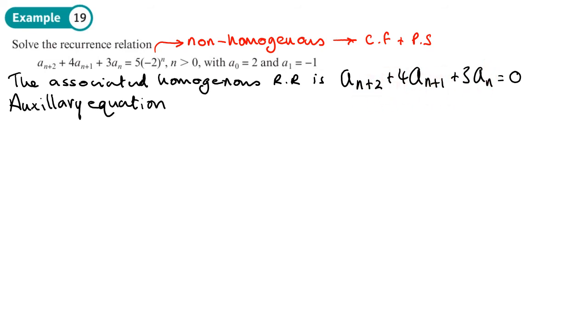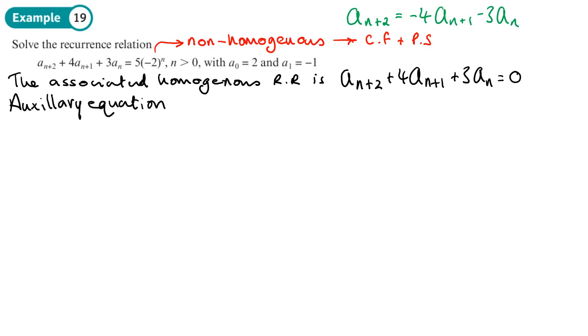Now at the moment it's not in the right form. This really needs to be written like this: an plus 2 equals minus 4an plus 1 minus 3an. Okay, so we need to have the final term we're finding, like un over here.